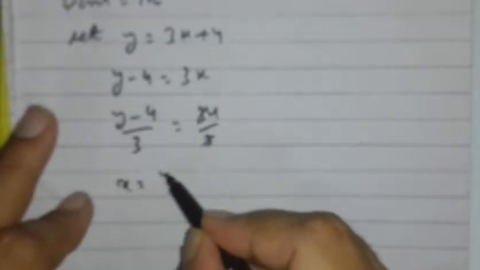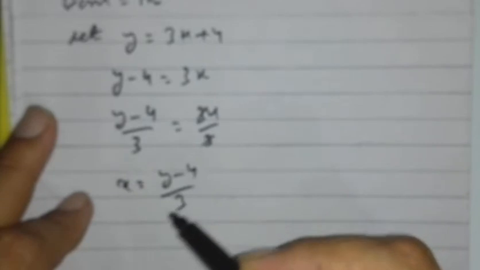Now for range, let y equals to 3x plus 4, shift this 4 to the left side, so we get here 3x. Now divide both sides by 3, cancel with this, so x is equal to y minus 4 divided by 3.